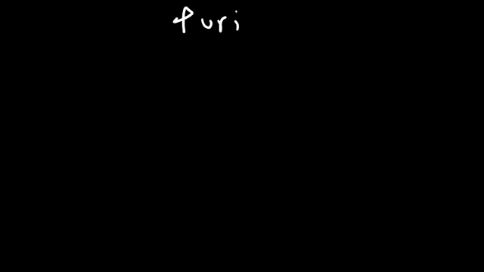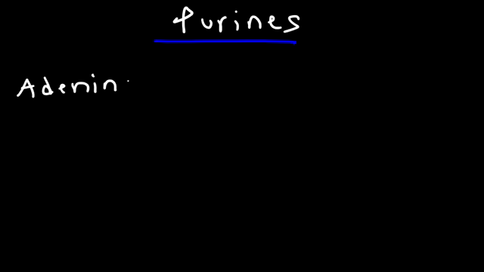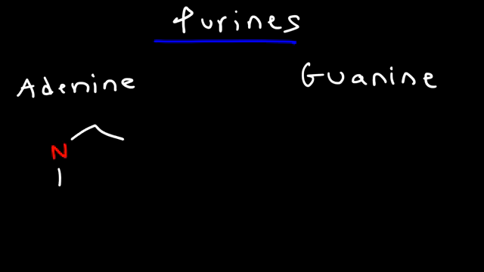So let's start with the purines. On the left side, I'm going to draw adenine, and on the right side, I'm going to draw guanine. In the first ring, they both contain 2 nitrogen atoms and 4 carbon atoms. In the second ring, they also contain 2 nitrogen atoms.